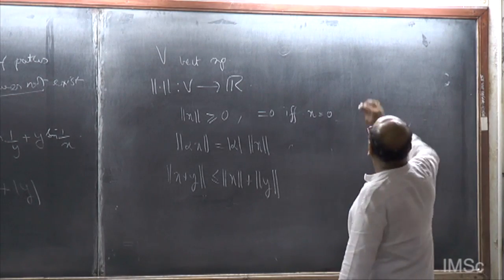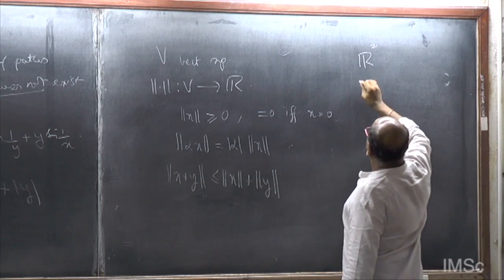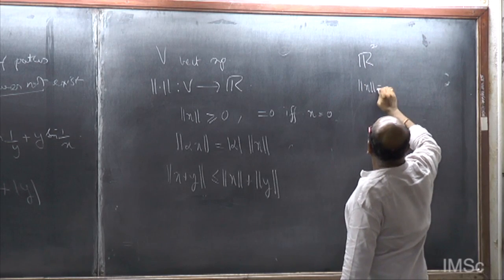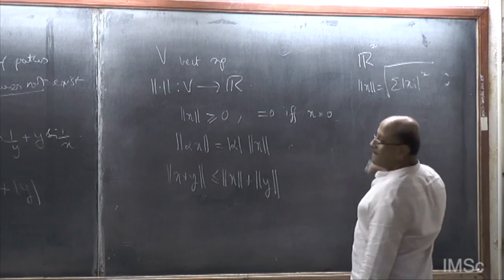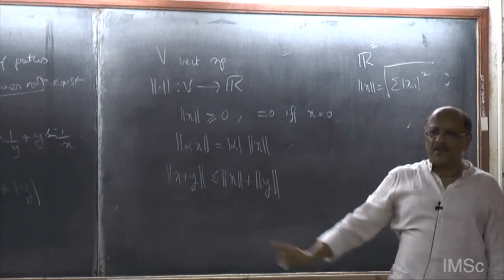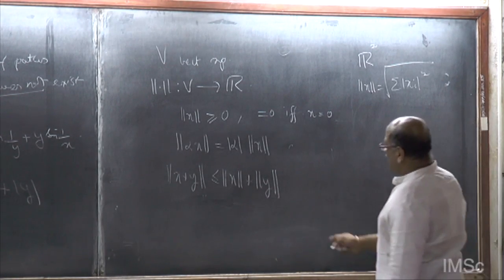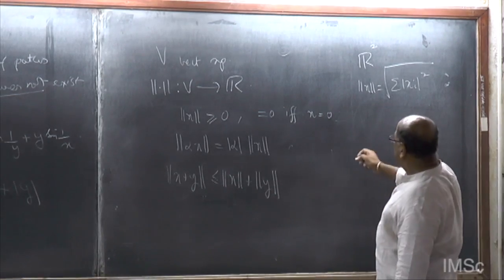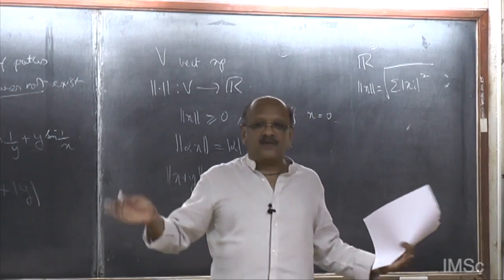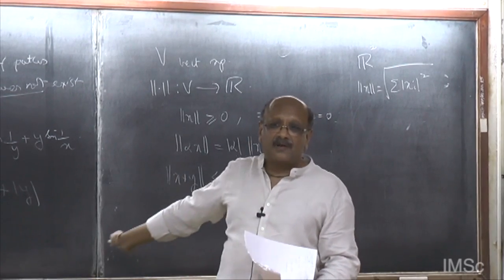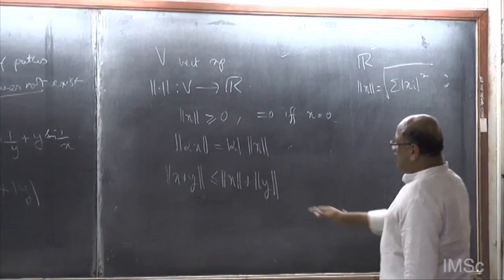So, examples, you take R2 or Rn. Norm of x is equal to the square root of sigma mod xi square. It has all these properties. How do you get the third one? This just says two sides of a triangle is bigger than the third side. It is just the analytic version of that geometric theorem which you learn in high school. So, that is why it is called the triangle inequality.